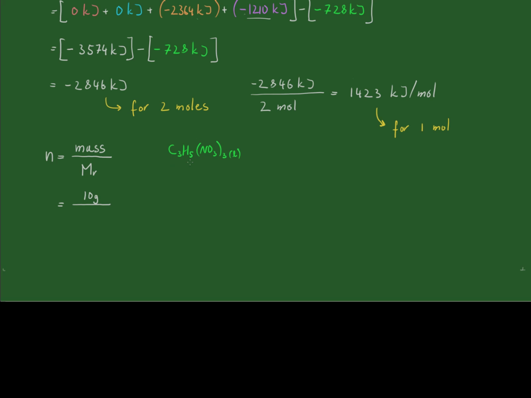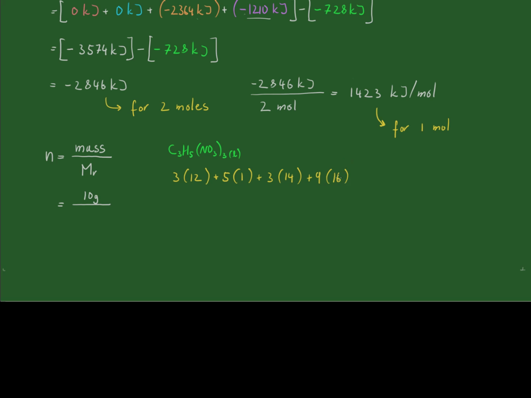And I'm going to use rounded values for the molecular masses of individual atoms. So we have 3 carbons times 12, because 12 is the molar mass of carbon, plus 5 times 1, plus 3 times 14, plus 9 times 16.